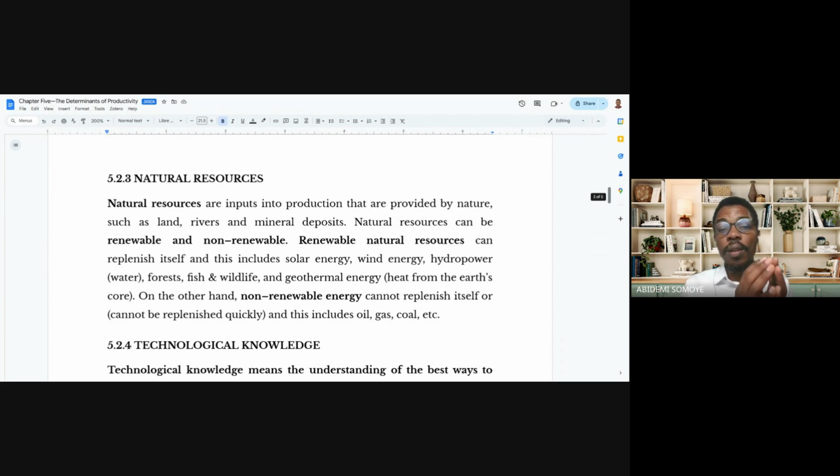So whether you like it or not, the sun is going to shine every day. Whether you like it or not, the wind is going to blow every day. Whether you like it or not, you're going to have water, the sea is right there. Whether you like it or not, the forests are very important for humans and wildlife in general. So these are natural resources that replenish themselves. Can anyone destroy the sun? No, no human being can destroy the sun.